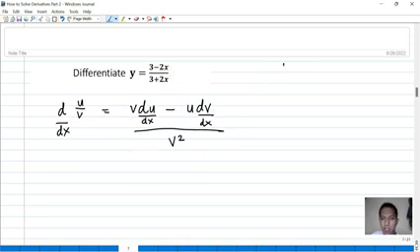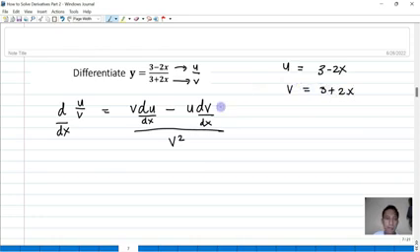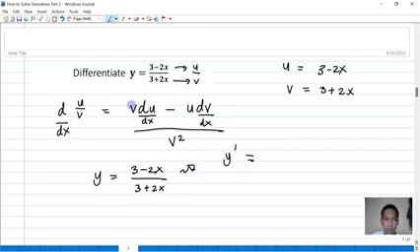Okay? So let's just apply this. So our u is this, and this is v. U is 3 minus 2x and v is 3 plus 2x. So we have here y is equal to (3 minus 2x) all over (3 plus 2x). So we have y prime is equal to, copy the denominator. Our denominator is 3 plus 2x.